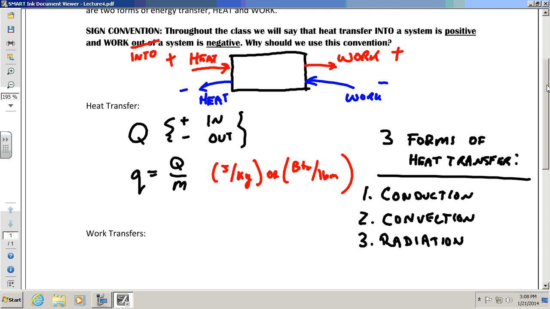Then there's radiation. Radiation is a heat transfer between two bodies that does not have a medium between them. So you can have radiation without having air carry it or anything like that. It's a direct heat transfer. One of the most common ways we see radiative heat transfer is on a cold night. A cold, clear night, the temperature will drop much faster than a cold, cloudy night.